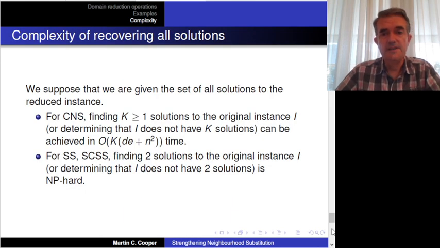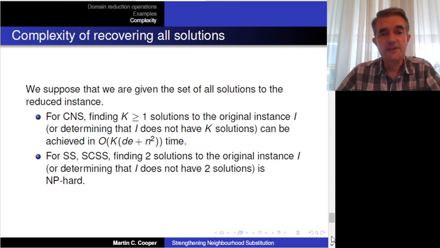Okay, another aspect is these operations preserve satisfiability. In other words, they preserve at least one solution, but they do not preserve all solutions. That's the same property as neighbourhood substitution and is different, obviously, to arc consistency, which preserves all solutions.